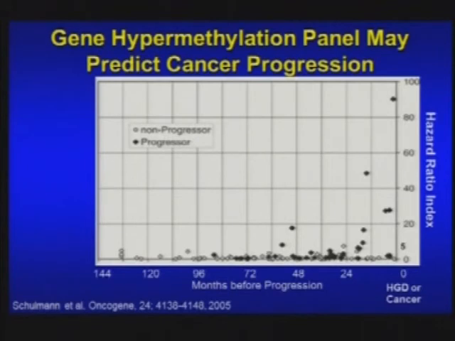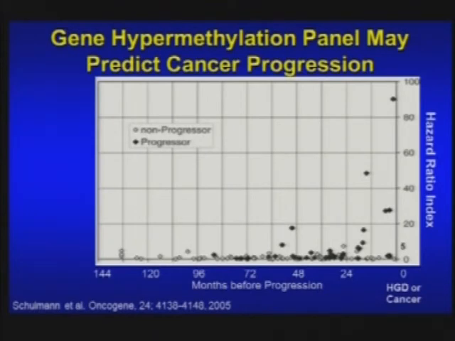So here's another type of array, and this is an array of a gene methylation panel. This technique is going to look at the amount of methylation on the promoters of various types of genes. Remember, hypermethylation is a way to turn off the mRNA expression.